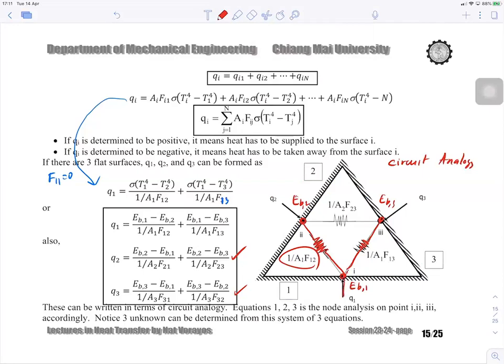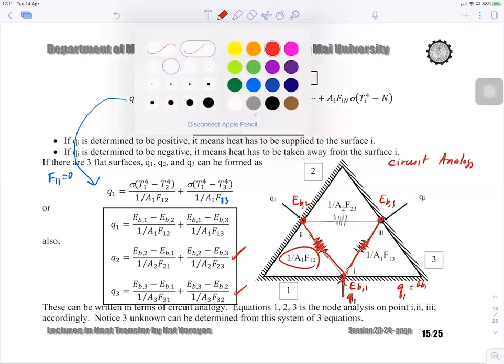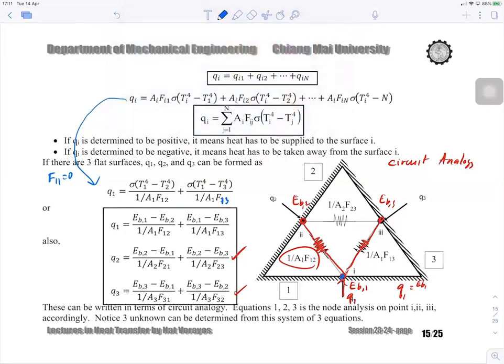And the nodal analysis is going to be, this is Q1 going in. Q1 is going to be, I'm going to use the blue one, nodal analysis from here, EB1 minus EB2 across the resistance, which is 1 over A1F12.